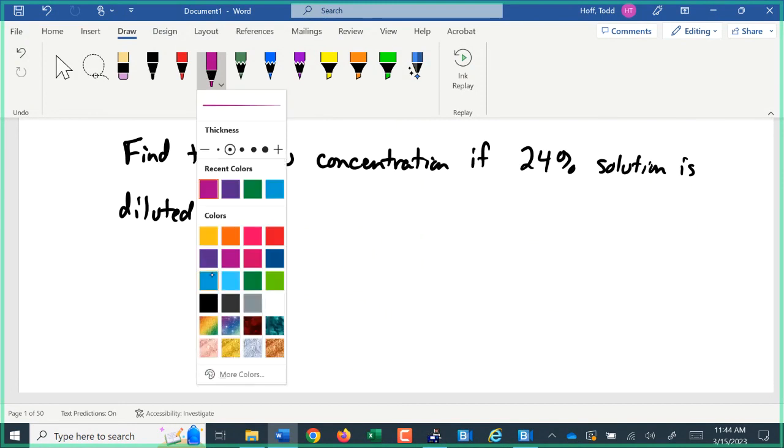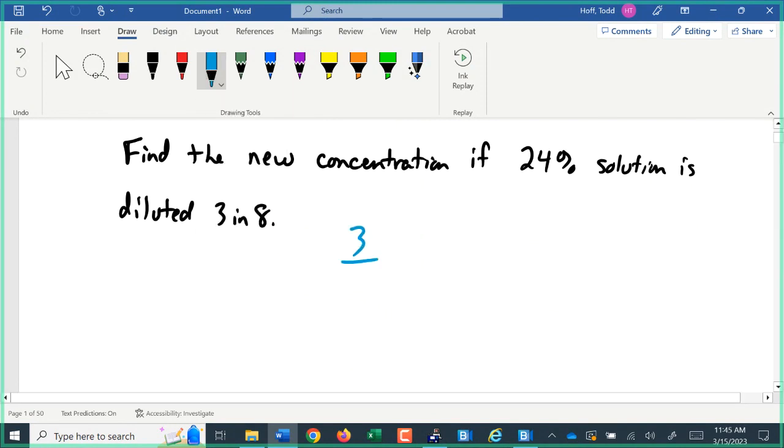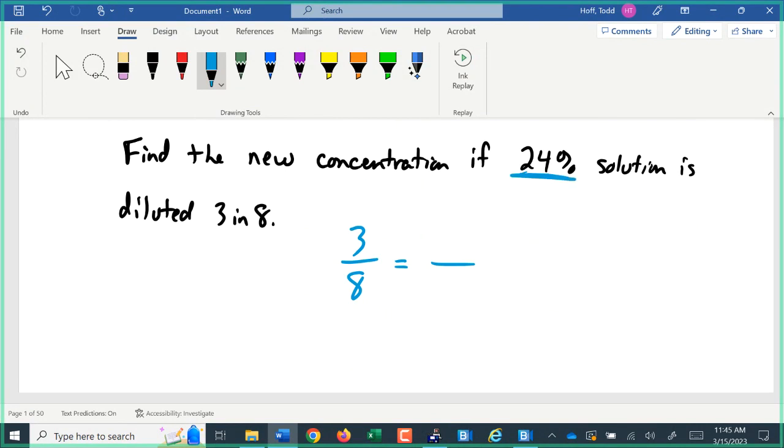A 3 in 8 dilution means we have 3 parts of serum, or the concentrated solution, out of 8 total parts. On the other side, if we're trying to change the concentration, the larger concentration goes with the larger number. 24% would be the larger concentration; after it's diluted, it'll be less concentrated. 24% goes on bottom, and we cross multiply and divide. So 3 times 24 divided by 8 gives us 9%. So that new solution will be a 9% solution.